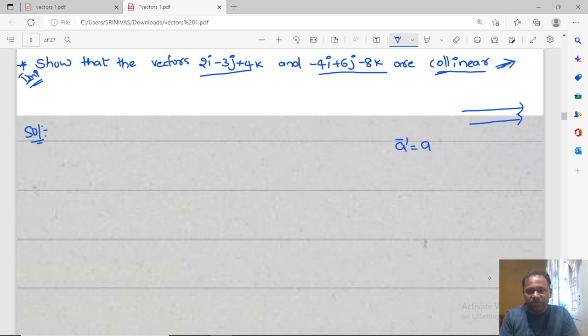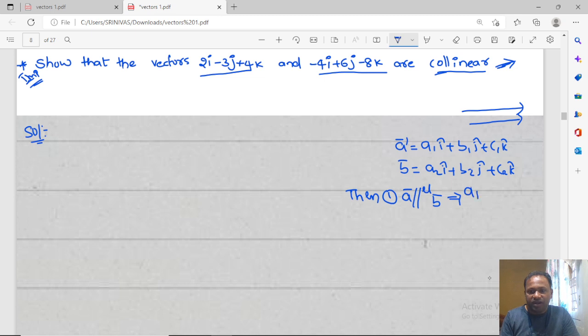A bar is equal to a1 i plus b1 j plus c1 k cap. B bar is equal to a2 i plus b2 j plus c2 k cap. Then first condition, A bar parallel to B bar, then a1 by a2 is equal to b1 by b2 is equal to c1 by c2.